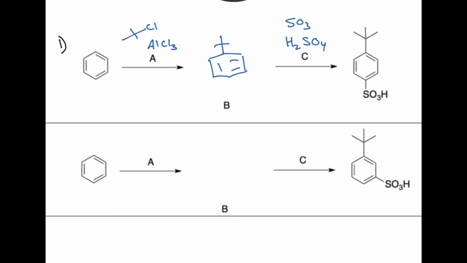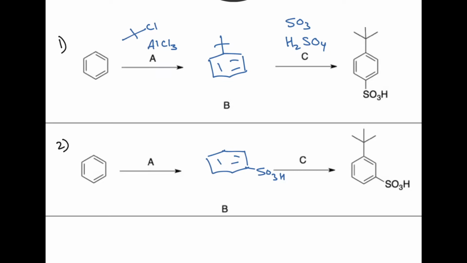Now, to drive home how the order matters, this next one, number 2, is all the same reagents, but I'm just changing the order that I add the reagents in, and that gives you a different product. So if I put on the sulfonic acid first, that directs meta.